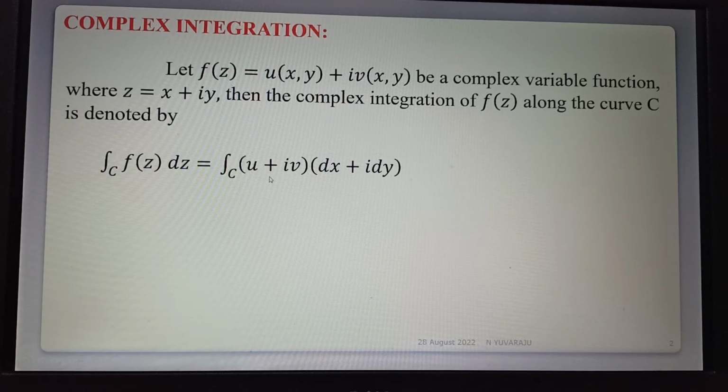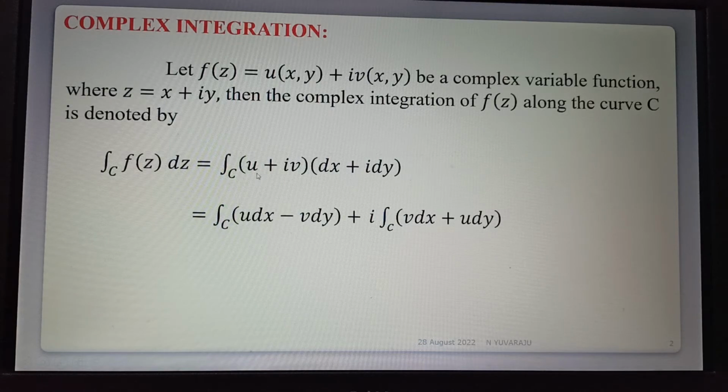This can be separated: u dx, then iv into i dy, that is i squared, so minus v dy, plus the imaginary part.